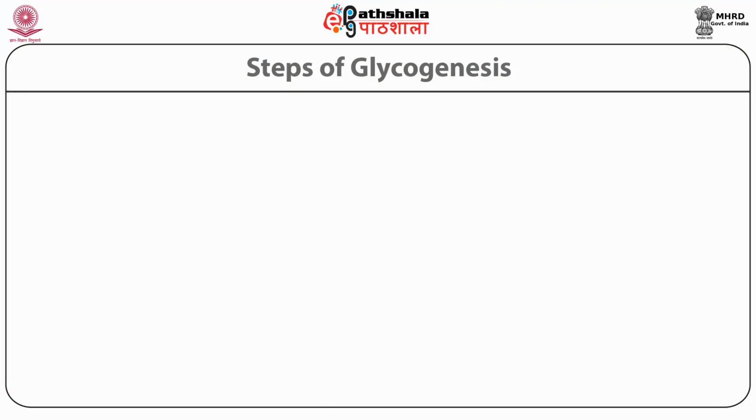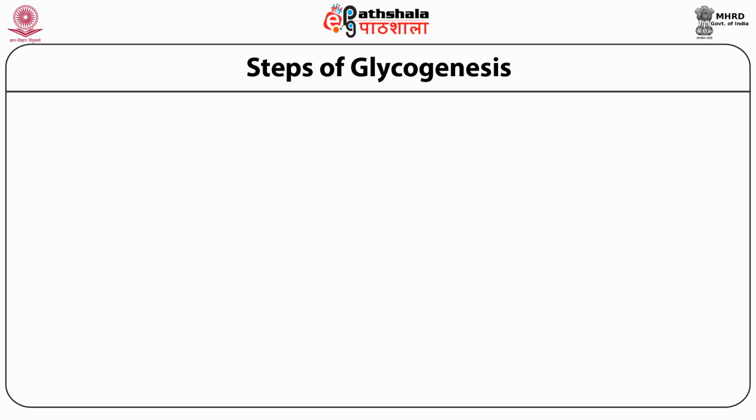In humans, the liver glycogen stores are only adequate for about 12 hours or less without support from the gluconeogenic pathways. There are various steps of glycogenesis.